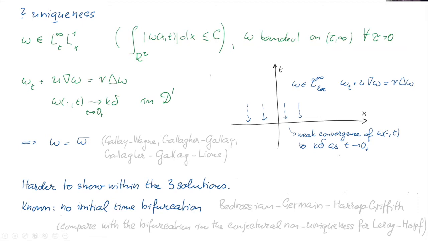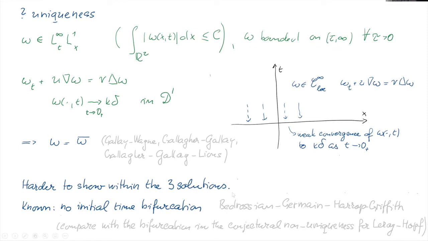You take this two-dimensional solution and embed it into 3D, in which case the vorticity will be concentrated, say, on the X3 axis and everything will be independent of X3. And one can ask about uniqueness in the 3D of this situation. So this is still open.